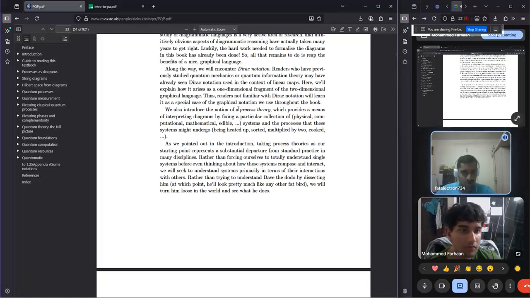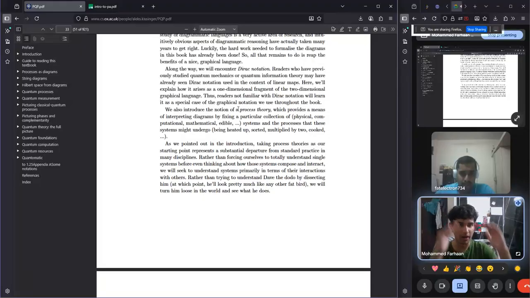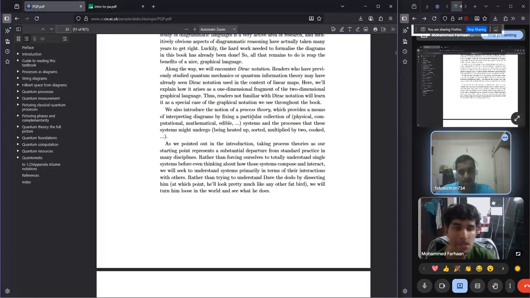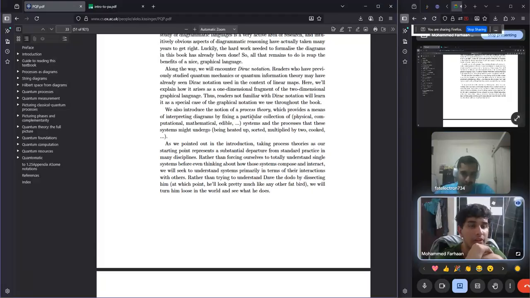Following up on that, what do you know about Dirac notation? Dirac notation, I know it. Yeah, it's just bracket notation. What part of mathematics does it come in? Inner products. You have your vector space, and Dirac notation is just a nice notation for explaining inner products. You can have many different kinds of inner products as well.